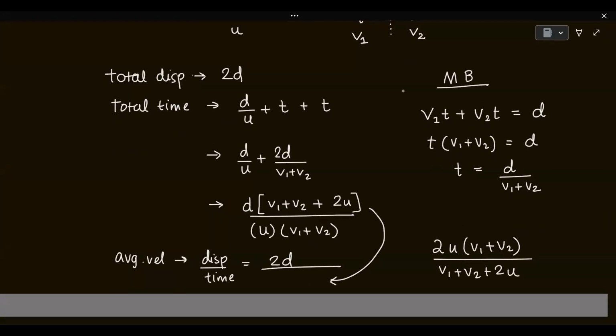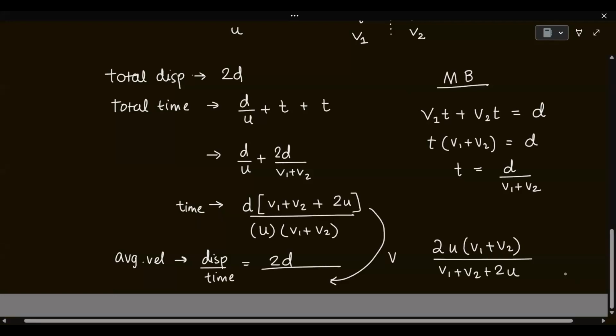I took 2d, the displacement, and divided it by the total time, which is d into this thing. When you divide this, the denominator of the denominator just comes up. That's why I have written u times v1 plus v2 in the numerator, divided by v1 plus v2 plus 2u. So this is the correct answer for average velocity.